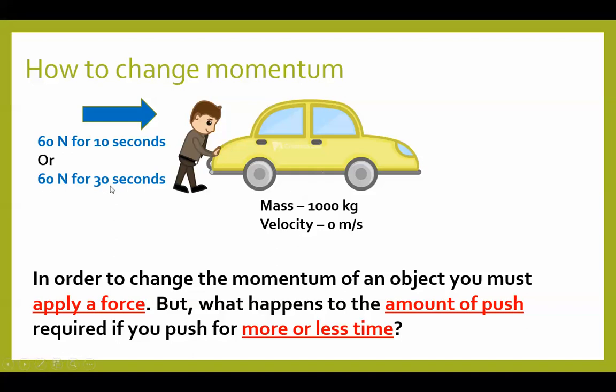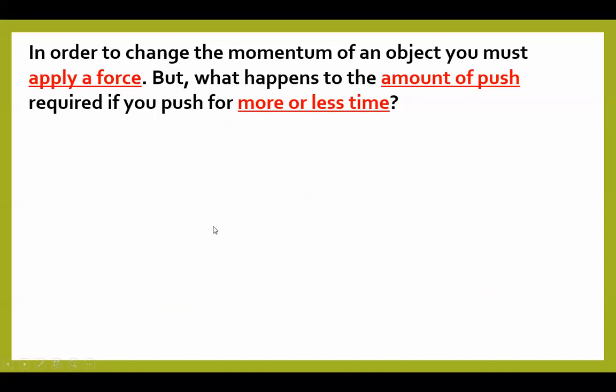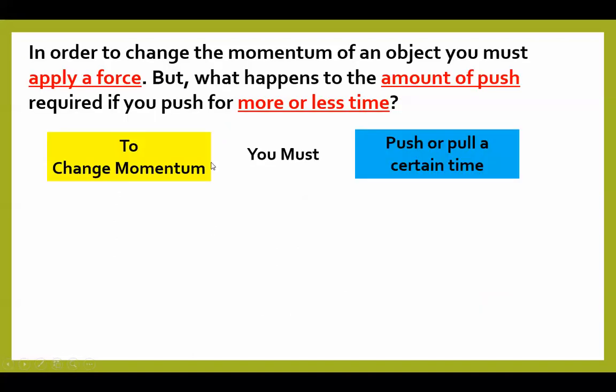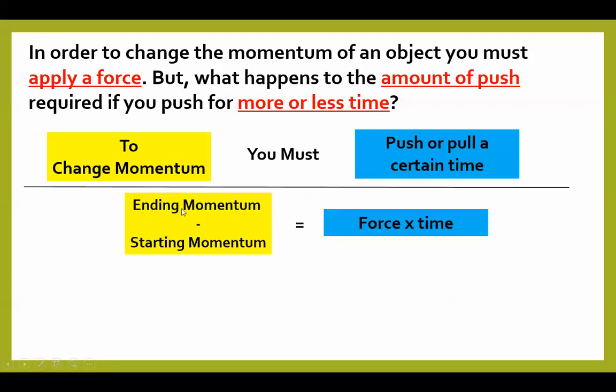So here's how we're going to do it. If we start out with what we just talked about, to change momentum, you have to push or pull a certain amount of time. This is actually already in the format of an equation. To change momentum, that's like saying a change in momentum is whatever you end with minus whatever you started with. That will tell you how much it changed.